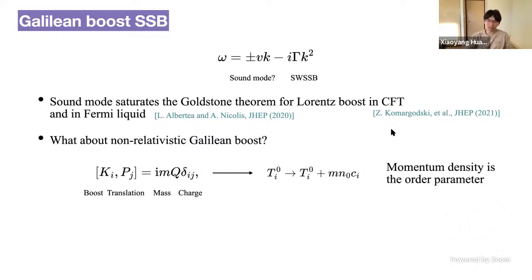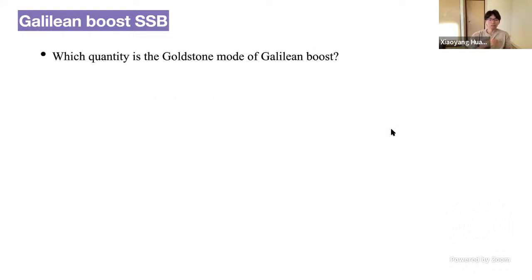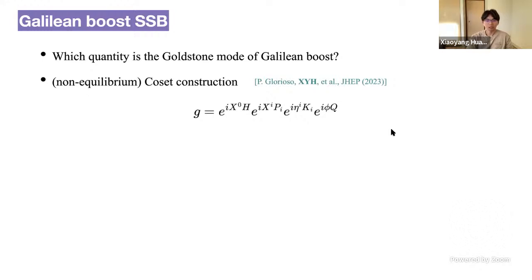And because this nonlinearly realizes the symmetry, we would say that momentum density is the order parameter of that. But there's still something puzzling: what exactly is the Goldstone mode of a Galilean boost?